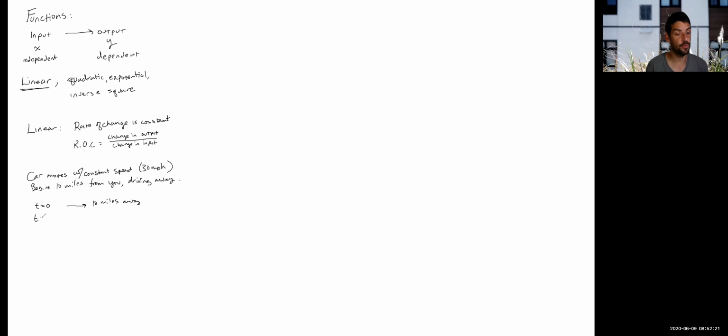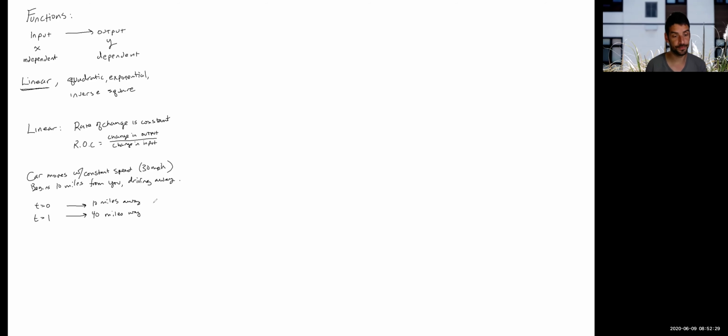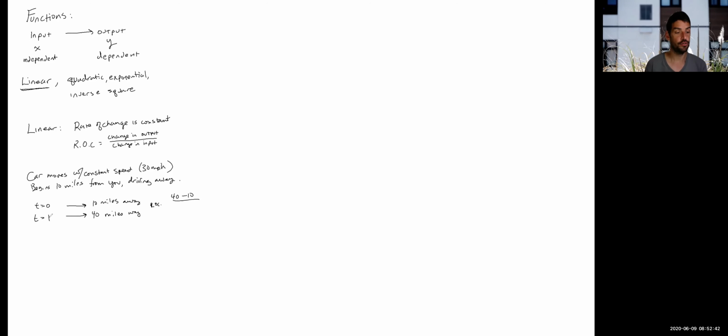At time 1, meaning 1 hour later, if it's traveling 30 miles an hour, it will now be 40 miles away. So the rate of change is how much the output, in this case how far it is from you, changed: 40 minus 10 over the change in the input, 1 minus 0, or 30.